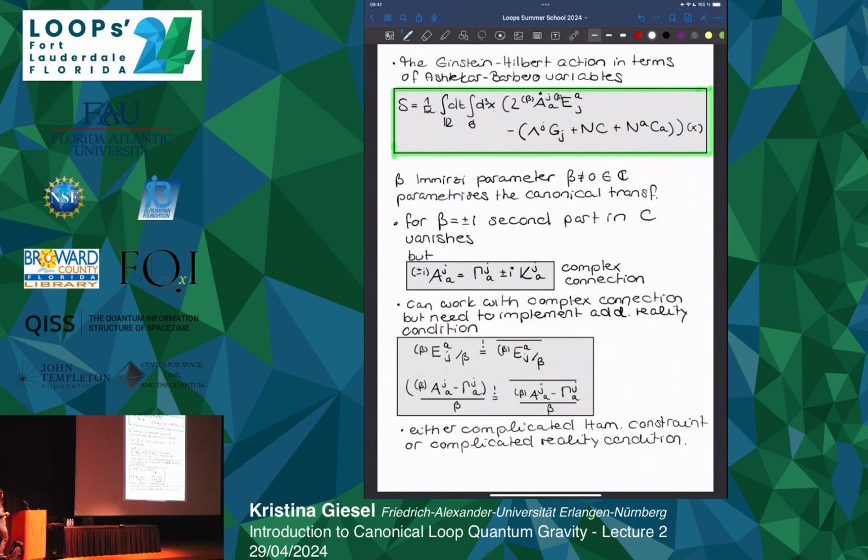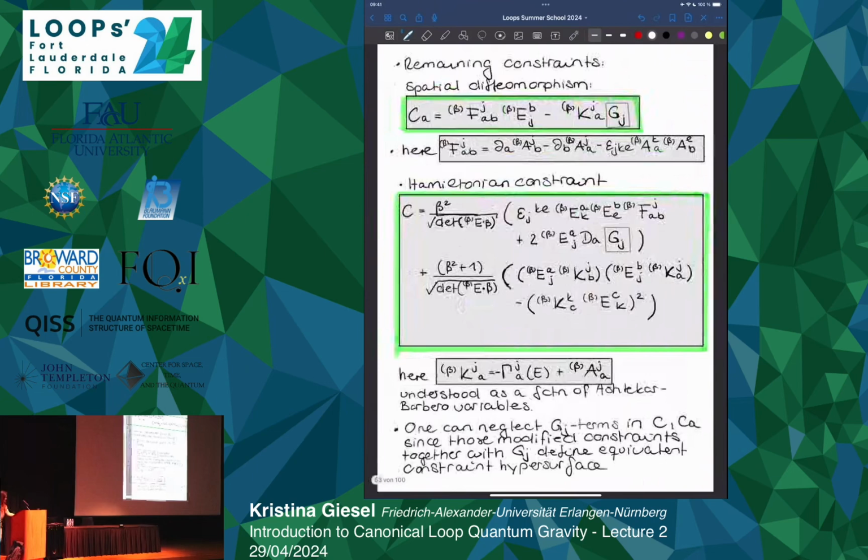And finally, you could ask the question what beta to choose. And as you can see, if we go back to the Hamiltonian constraint, if we choose beta to be plus minus i, the second term drops, which means the Hamiltonian constraint really simplifies, so this could be a convenient choice.